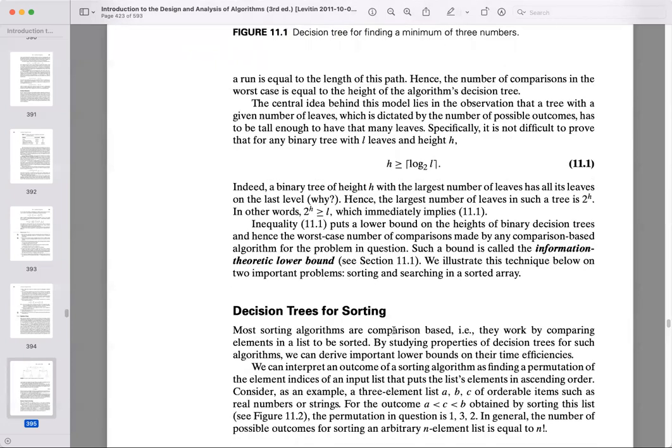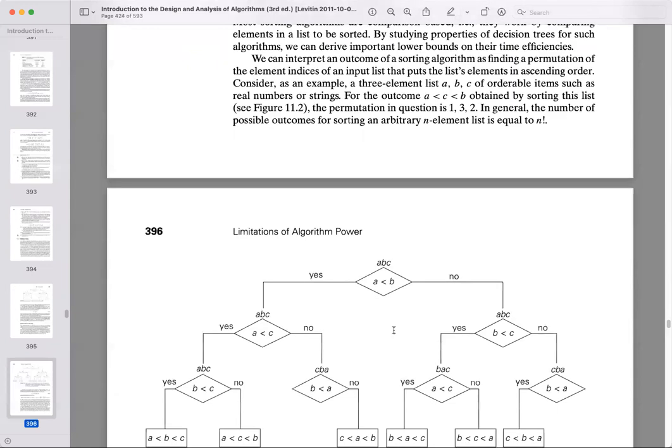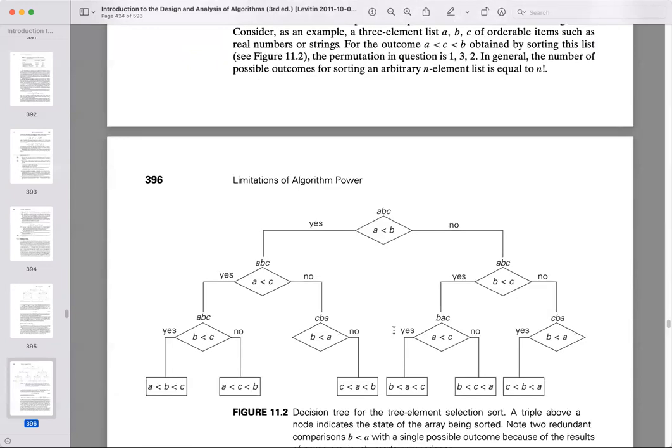When we look at the decision trees for sorting, the comparison-based ones, here's an example. It gets a little more complicated than just finding the minimum. We still start off with A less than B. We then have to ask other questions. So again, following the left, is A less than B? Yes. Is A less than C? Yes. So we know A is the smallest, but then we have to worry about B and C, so we get their final placement here.